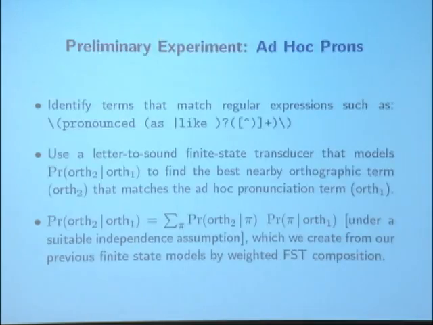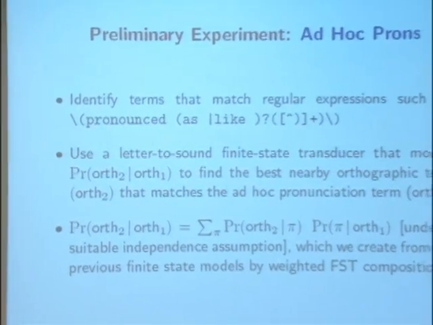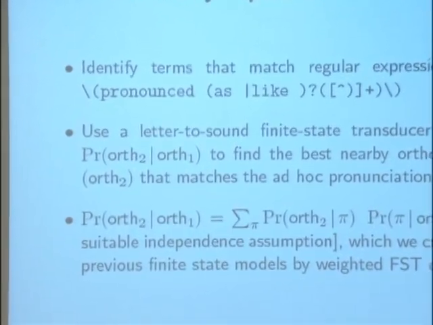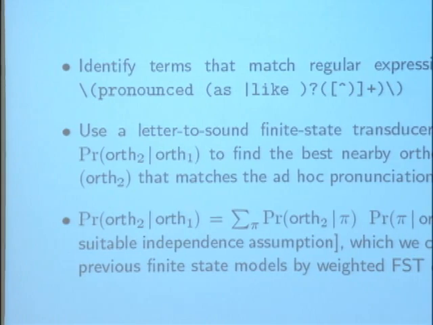What we actually do is have a simple regular expression that looks for things like "pronounced as" or "pronounced like", followed by some stuff. And then we have two pronunciation models which are composed together to give you a probability that this orthography, which is supposed to represent a pronunciation, matches that orthography, which is supposed to represent the regular spelling.